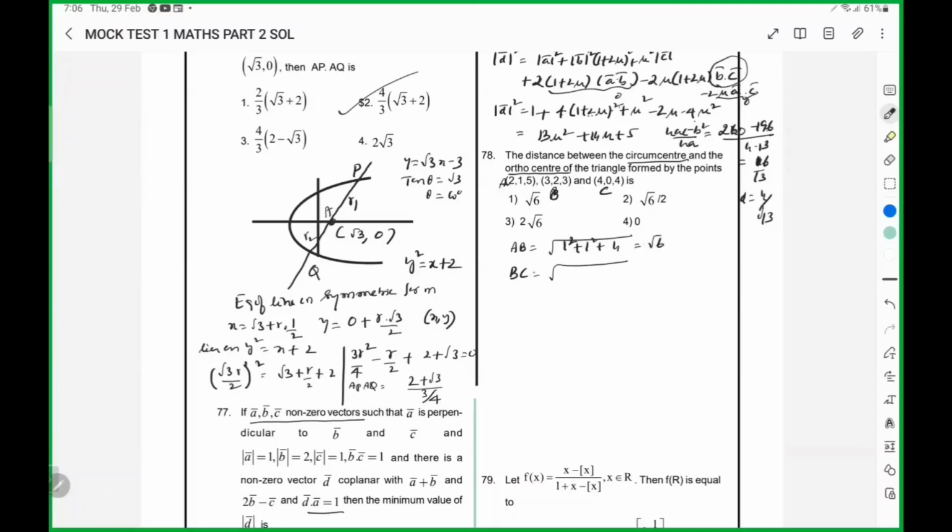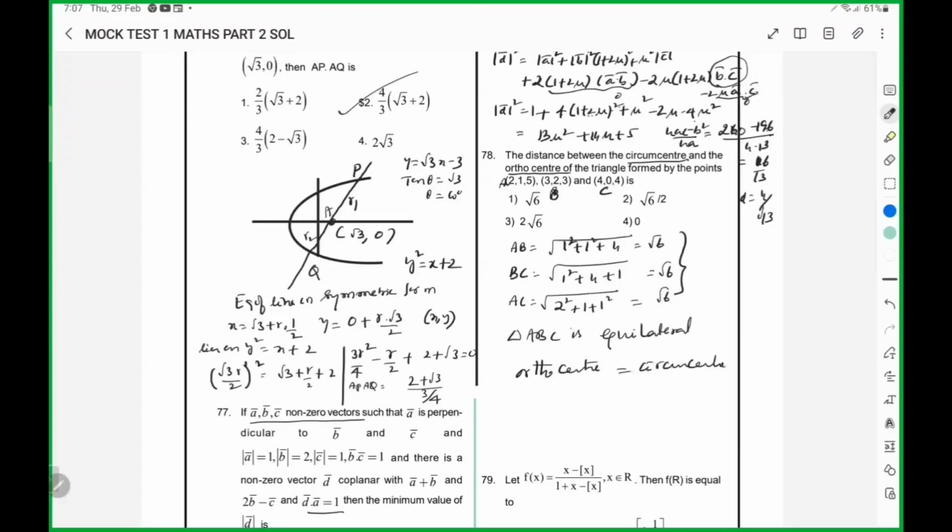BC will be root of 3 minus 4 whole square plus, and AC will be root of 2 square plus 1 square. All are equal. So triangle ABC is equilateral. So then what I can say is the orthocenter is the same as the circumcenter. Therefore, the distance between them is 0.